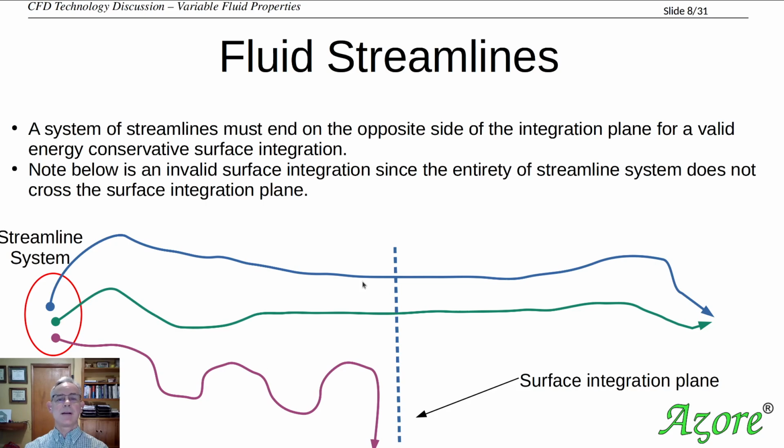This would make the integral of this system invalid. If we were only looking at these two path lines, then of course it would be valid. But if we want to know the integrated value of this complete system, then this is not appropriate.